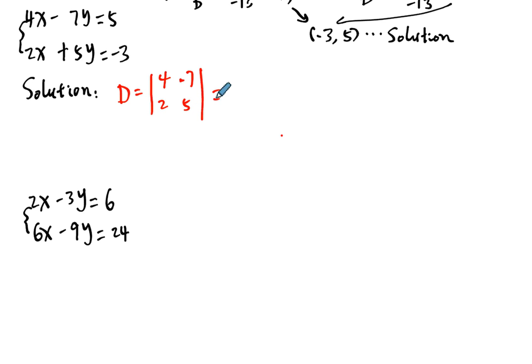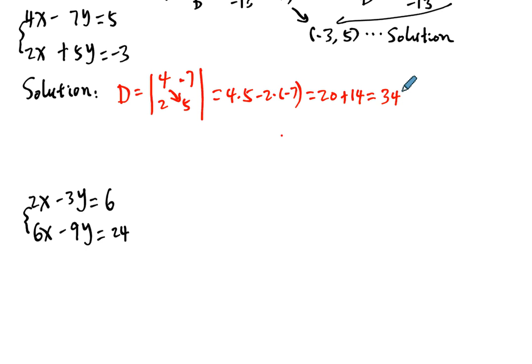And then you should have 4 times 5, subtract 2 times negative 7. Then you should have 20 plus 14, which is 34.